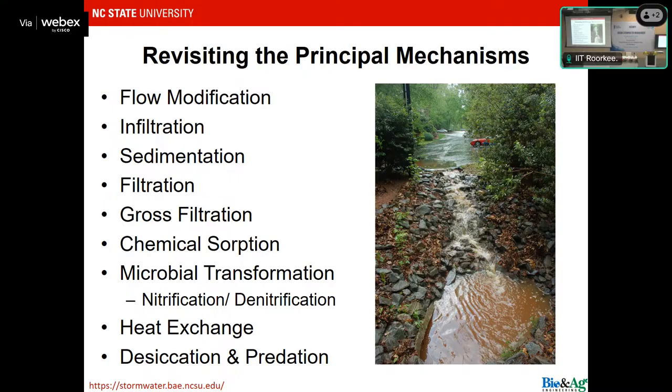And so really, when we are trying to choose the best stormwater control measure, or in some cases, if we're trying to fine-tune the design of a specific type of stormwater control measure, we want to think about what removal mechanisms are being employed in that stormwater control measure and make sure that we match the pollutant removal mechanisms to the pollutants we're trying to treat.